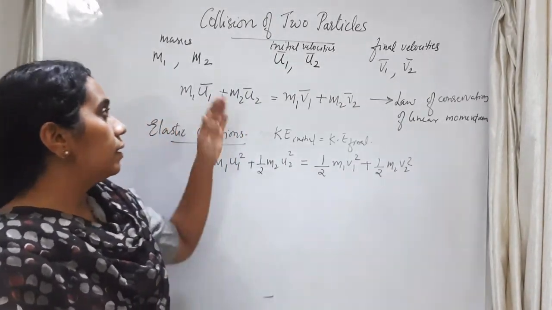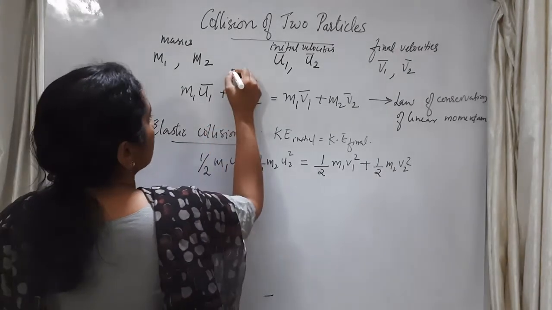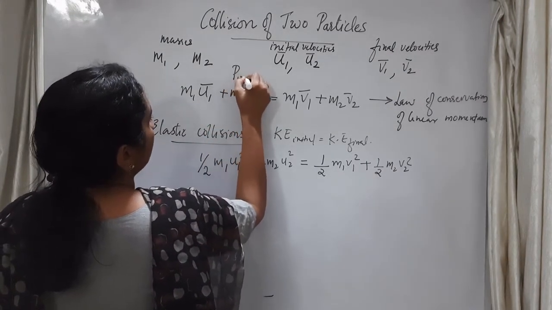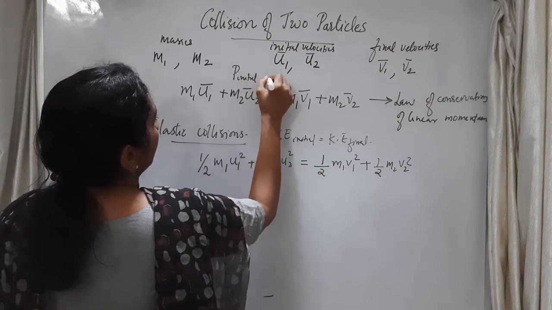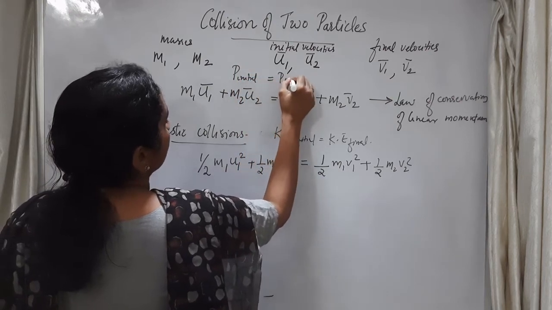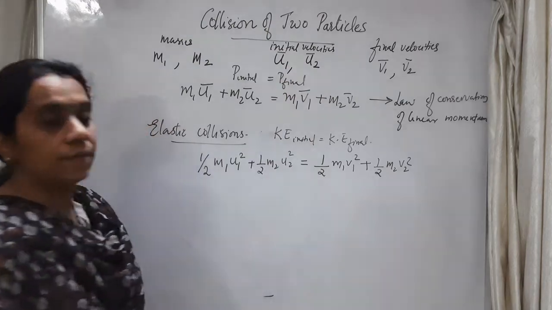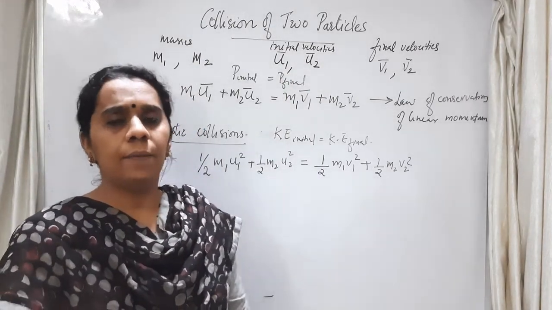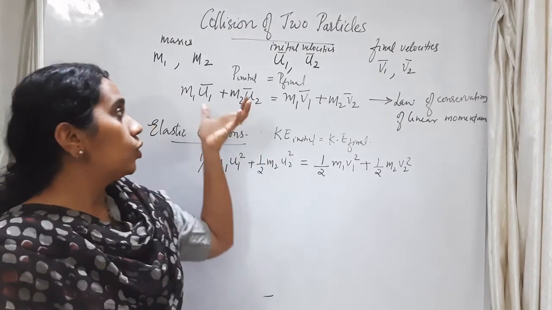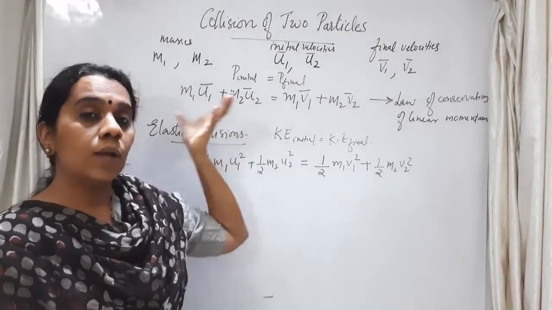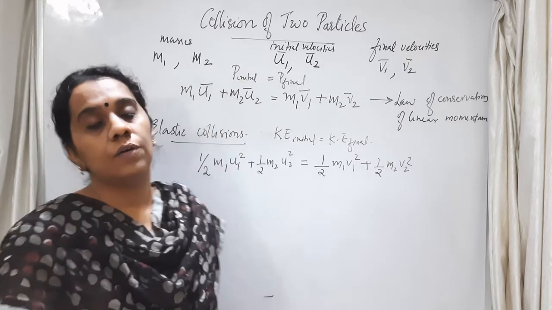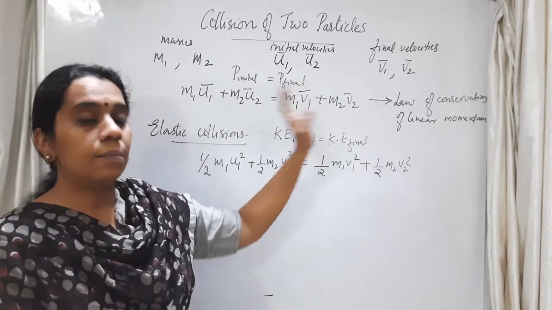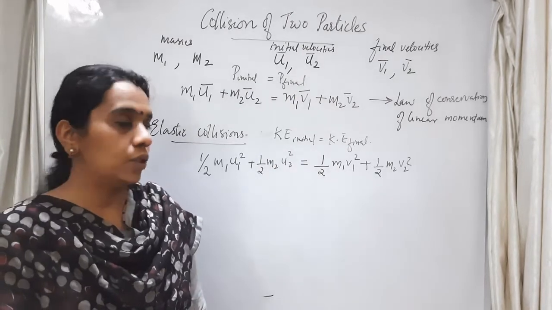Momentum initial equals momentum final, according to the law of conservation of linear momentum. So in any type of collision you may take, the sum of the momenta of the colliding particles before collision will be equal to the sum of the momenta of the particles after collision.